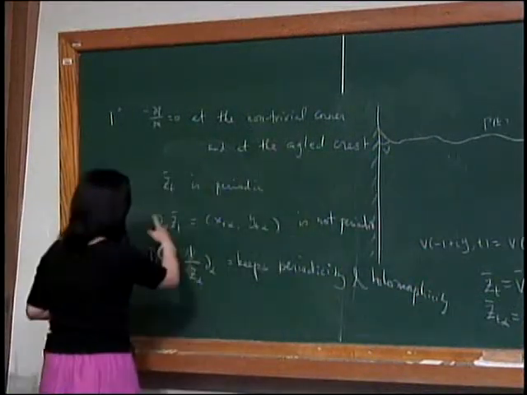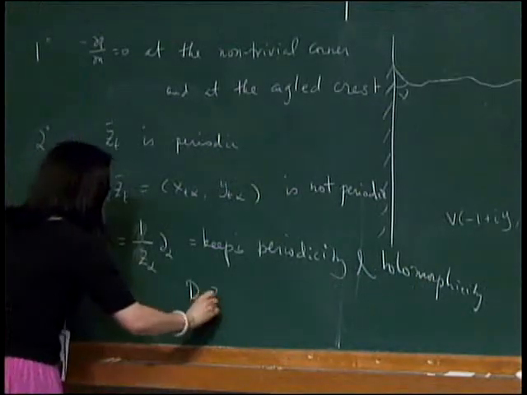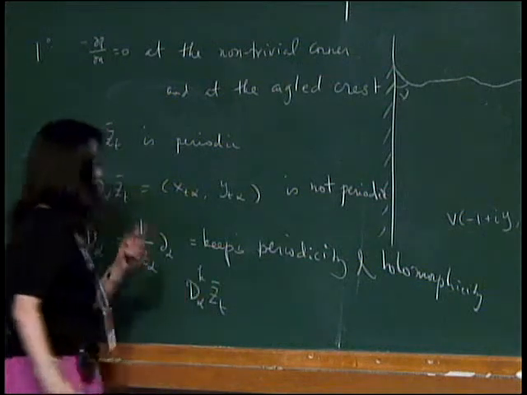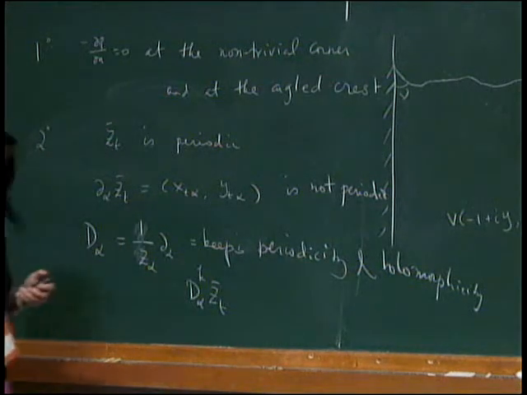So instead of working on this, we work on D alpha Z_t and its many derivatives, because this is a holomorphic and periodic function.